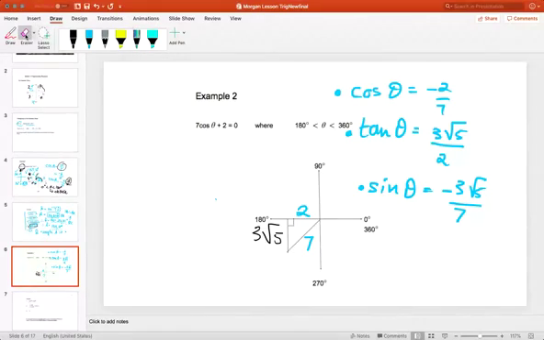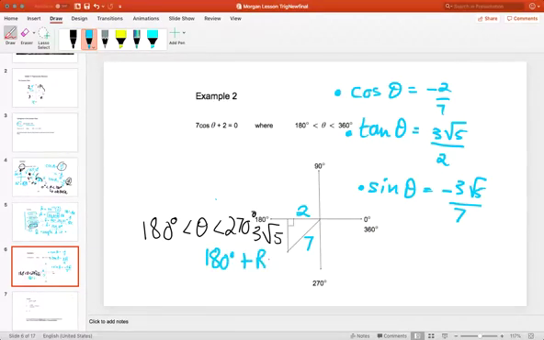And what that means is we are looking for an angle that's larger than 180, but smaller than 270. That's what quadrant 3 means. And if we remember our reduction, quadrant 3 is always 180 plus our reference angle.